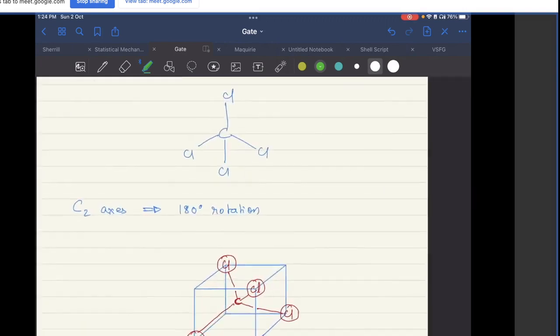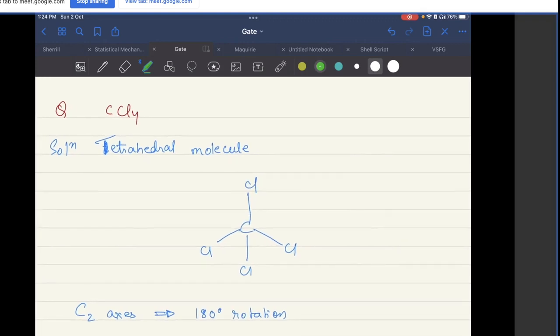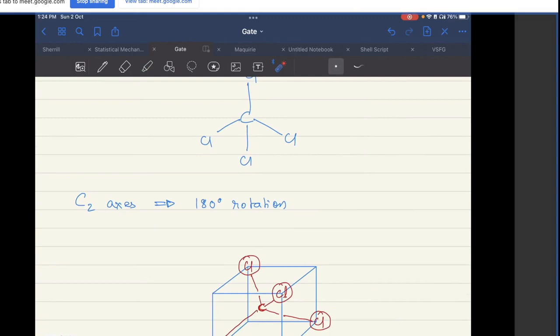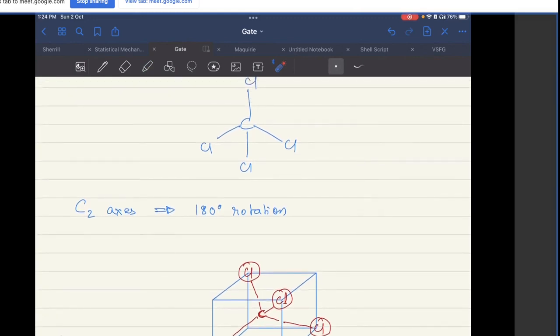Okay, now let's move to our question. So we were given CCl4. This is a tetrahedral molecule, so there are 4 Cl bonds. The question asked for the number of C2 axes in CCl4.